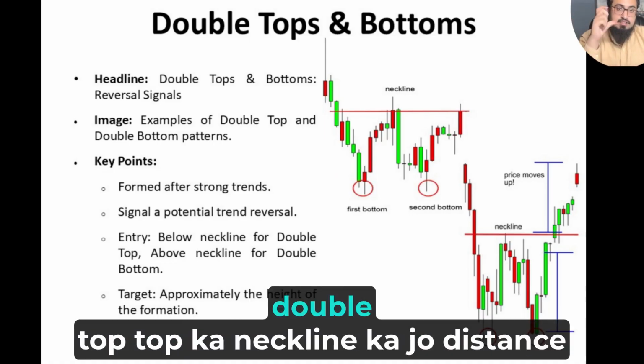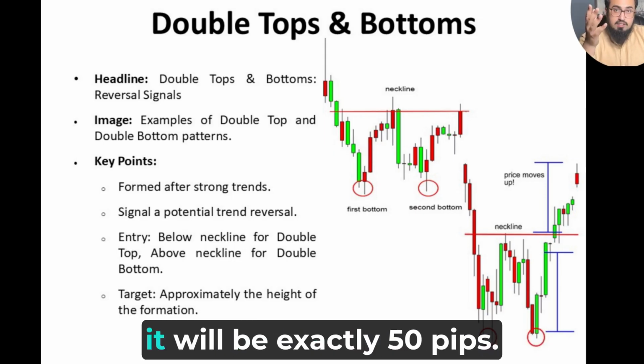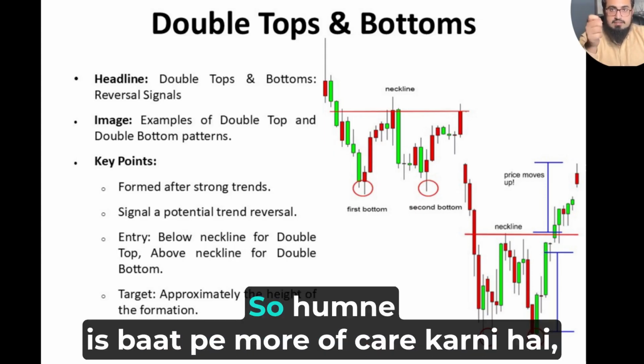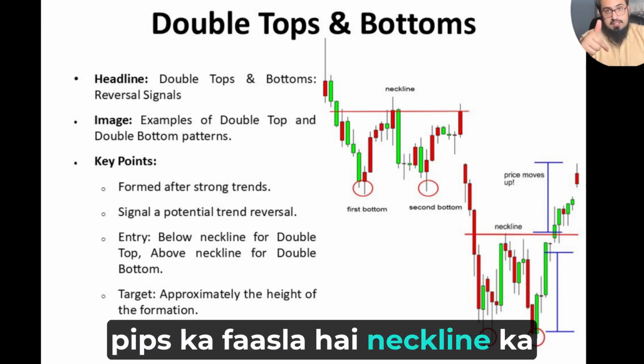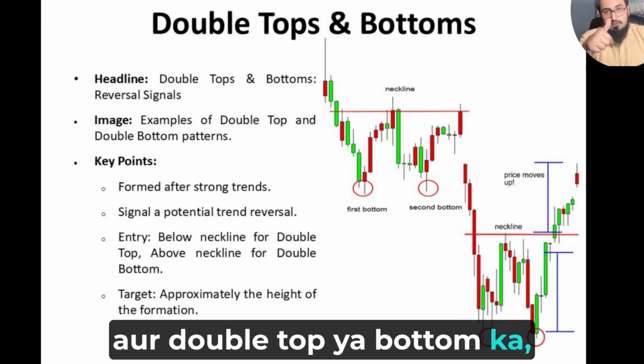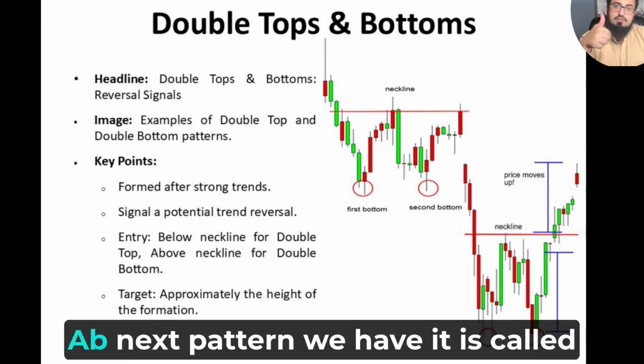It should be exactly the distance of the double top, for example 50 pips. It will be exactly 50 pips. So keep in mind that if the distance is 100 pips, the profit target from the neckline would be the same, 100.